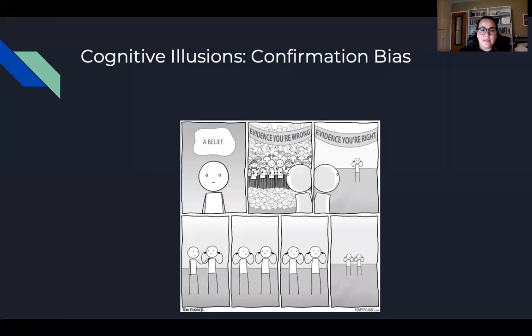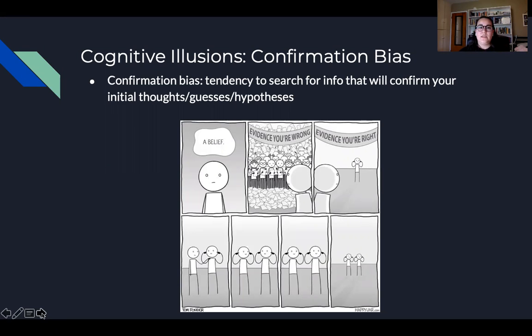The problem is that the parent who is just talking to parents at that one school is being influenced by what's called confirmation bias. And so this is the tendency to look for information that will confirm your initial hunch or hypothesis, and to overlook or ignore other information.